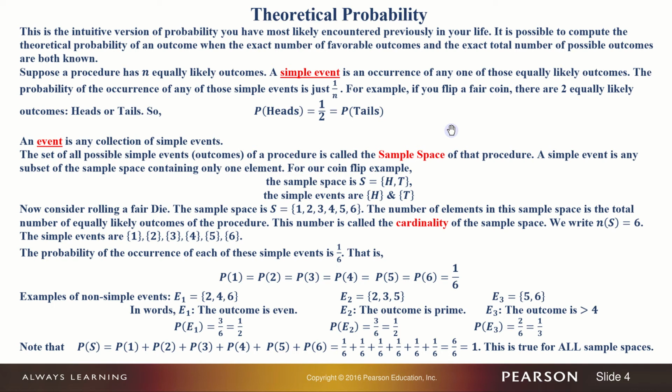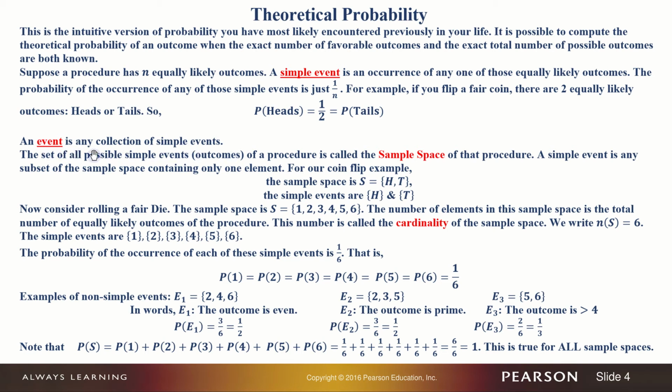And again, of course, we refer to this as theoretical probability because we didn't have to sit there and run through experiments, right? We only used our reasoning to come up with the result. So what is an event as opposed to a simple event? Well, first of all, simple events are themselves events as well.